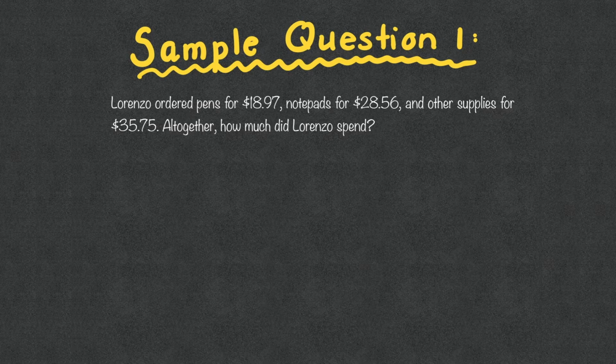Okay, so let's go piece by piece. So I know he ordered pens for $18.97. So I'm just going to create a little chart here. And actually, let's go with white. That might be easier to see. We know this is $18.97, and these are pens. Notepads for $28.56.